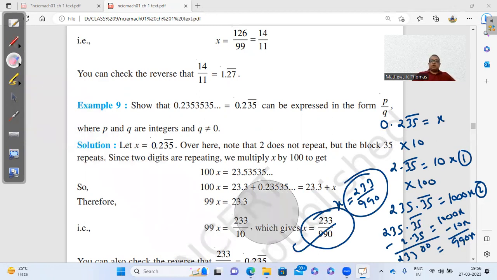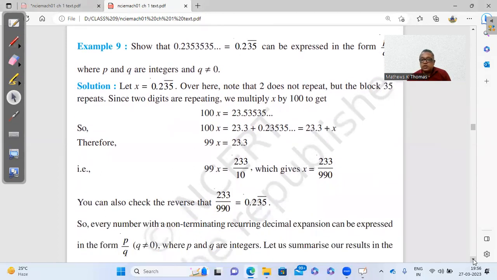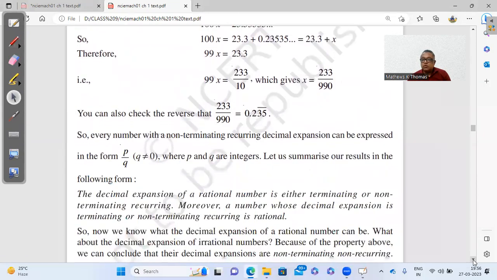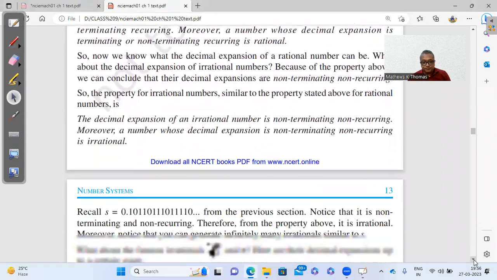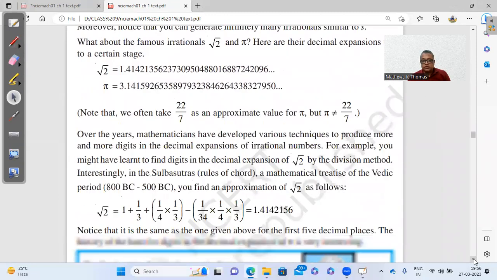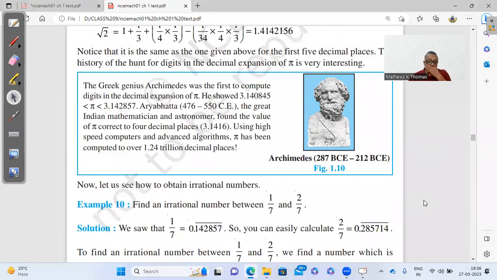So this method you need to practice, because this is very likely to come in the exam. It is important to know how to convert into a fraction when there are recurring numbers. So based on this, pi is of course the most famous example of an irrational number, studied by one of the greatest mathematicians and scientists, the Greek genius Archimedes.